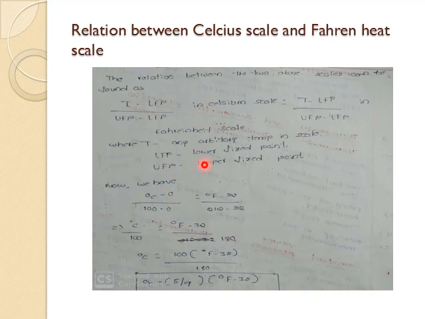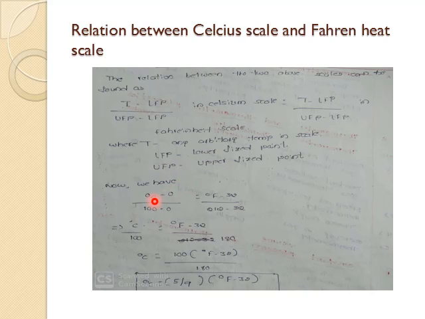In the Celsius scale, the upper fixed point is the boiling point of water, 100 degrees Celsius, minus the lower fixed point, 0 degree, which is the freezing point. One thing you have to observe here: the lower fixed point is the freezing point and the upper fixed point is the boiling point of water.